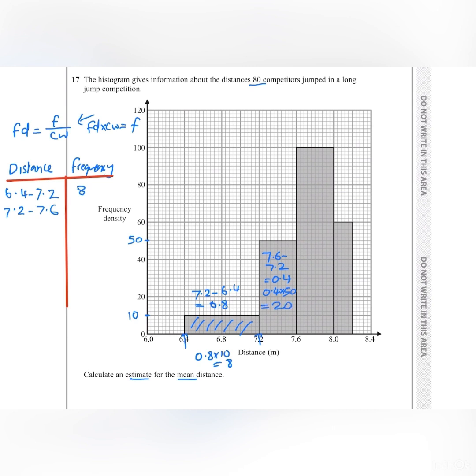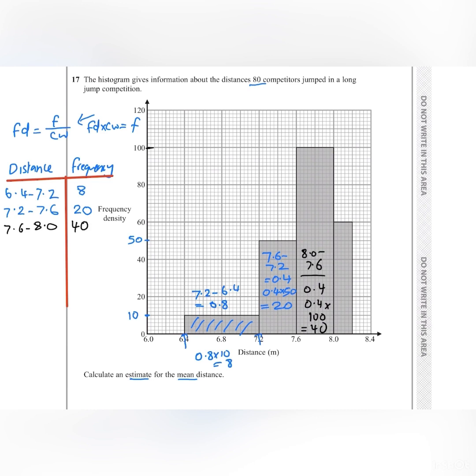So in the next group there are 20 people represented. The group after that is 7.6 to 8.0. So 8.0 take away 7.6 is 0.4, and then 0.4 times the frequency density of 100 is 40. So there are 40 people represented here.